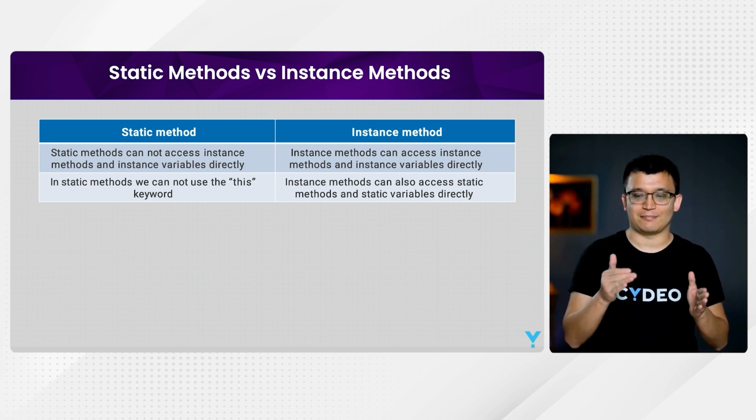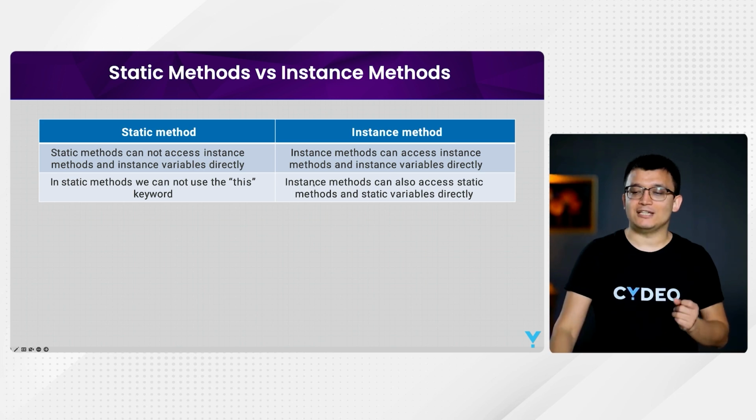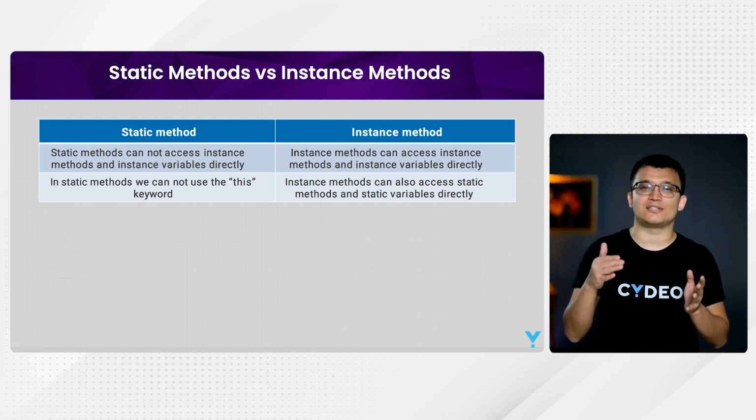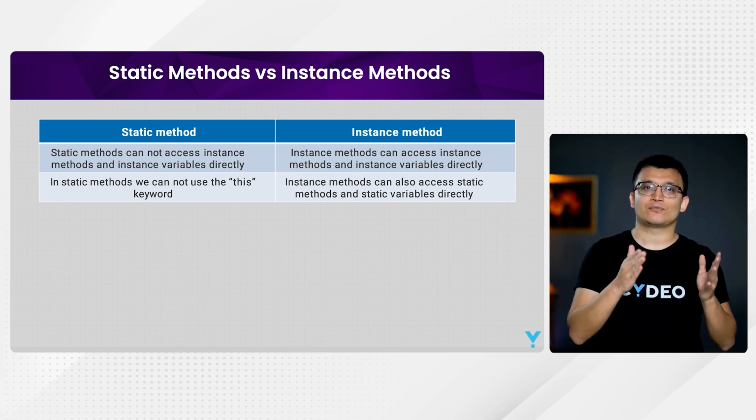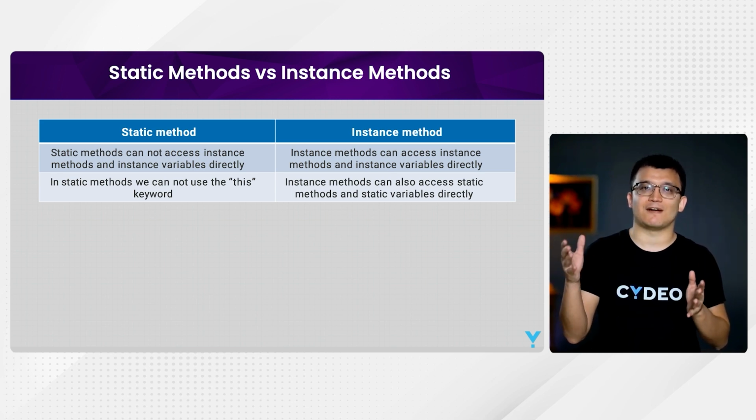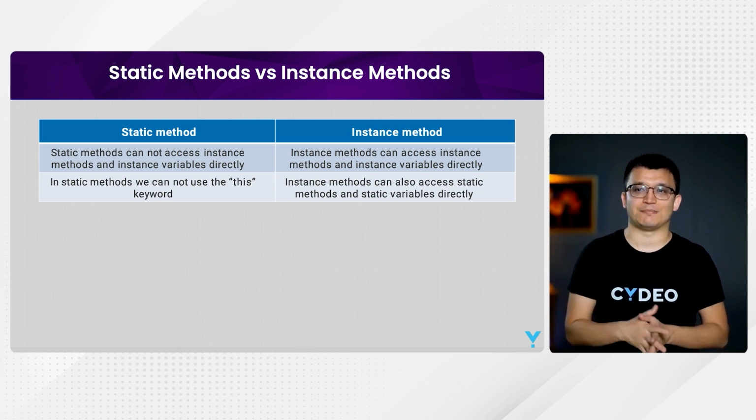So therefore in a static method, you cannot use the this keyword. Instance methods can also access static members and static variables directly. So any static members, you can call them in the instance method directly. But the other way around, for the static method to call any instance members directly, is not possible.